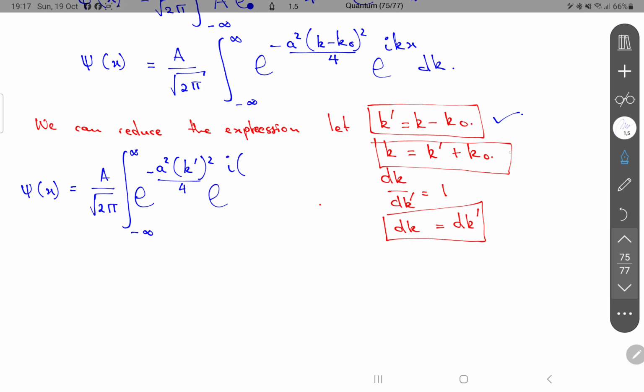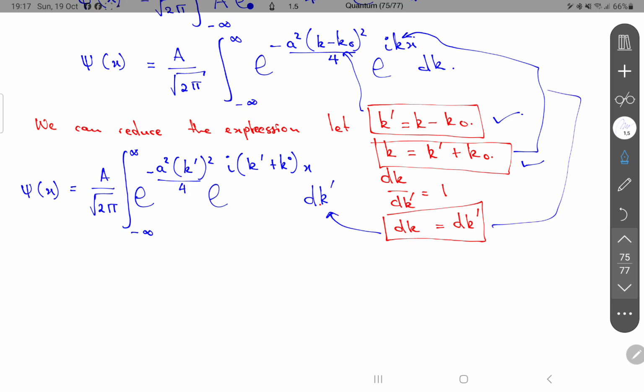Now k equals k prime plus k naught, so that goes in here, times x, dk prime. So basically, we have a simple substitution. From there, let's use the law of indices.